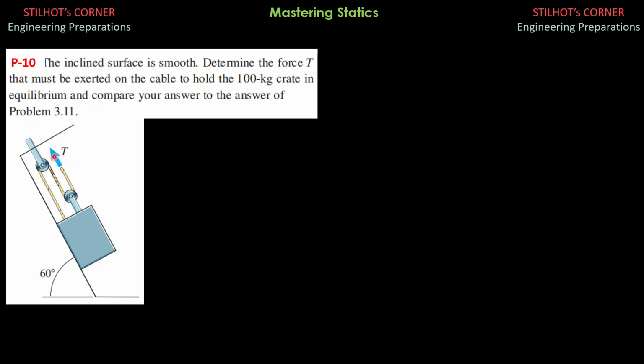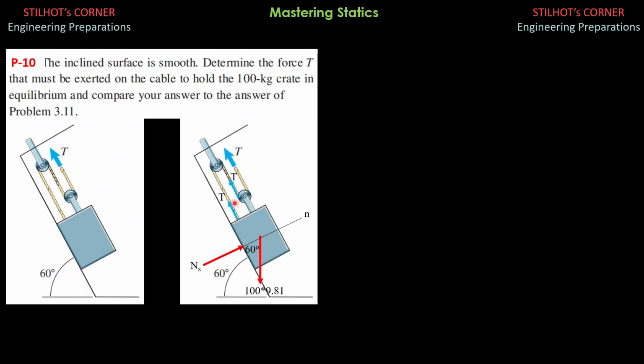So if this is the tension T, the tension on this side is also T going up, then here going down tension, so here going up. So the total tension force that this body is subjected to parallel to this inclined plane, a smooth surface, is 3T, because that is T, so 2T plus T, 3T.